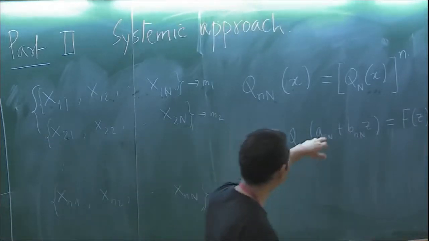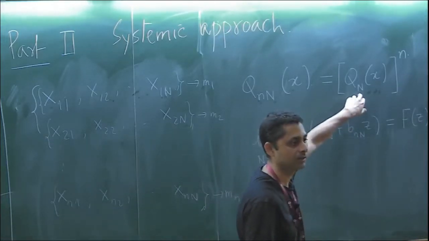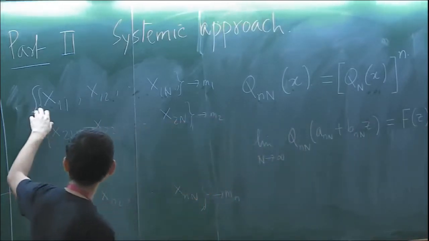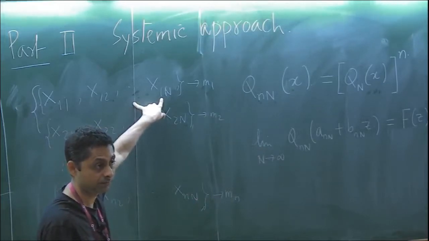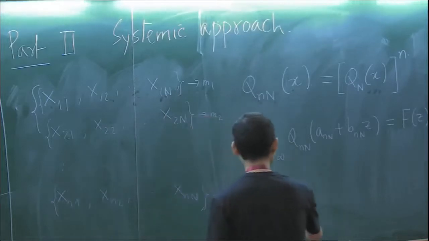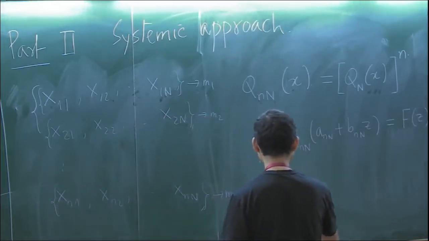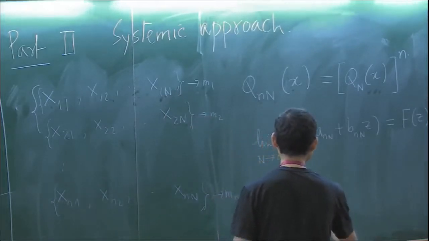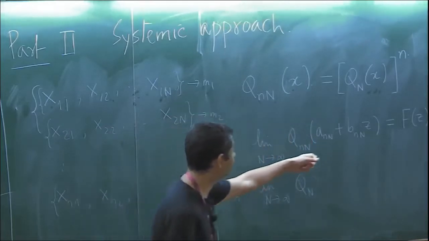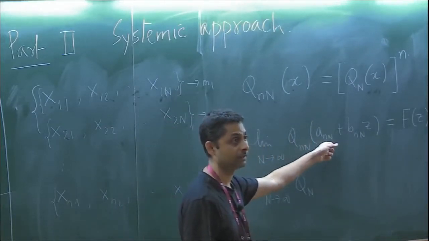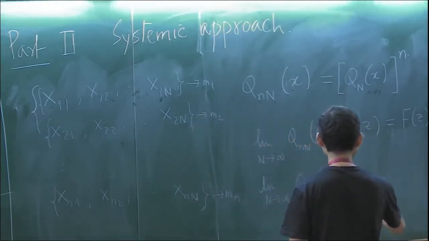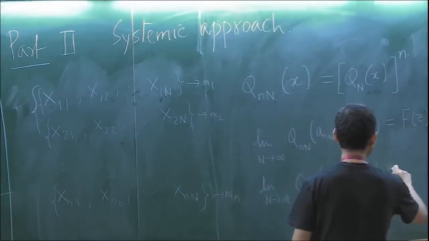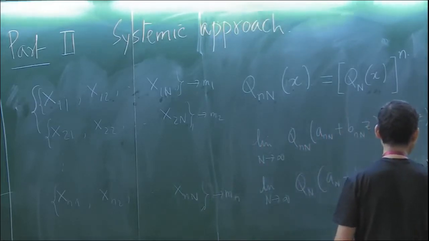But this is also true for these smaller blocks. If n is very large, the maximum of these should also go to the same limiting distribution. So the limit as n goes to infinity of Qn, but now I have to choose different coefficients, because it's a smaller subset. So An plus Bnz should also go to a limiting distribution.